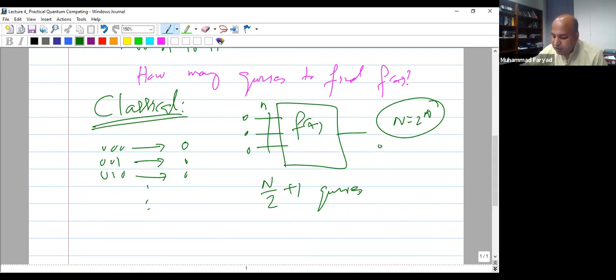Because when we give it N by 2 inputs and we are just getting 0, 0, 0, we still can't be sure. When we give one more query after half of the inputs, and we either get a flipped output or the same output, then we can say this is balanced or this is a constant function. So let me pause here and see if everybody understands what the problem is and why classically it needs at least N by 2 plus 1 queries.